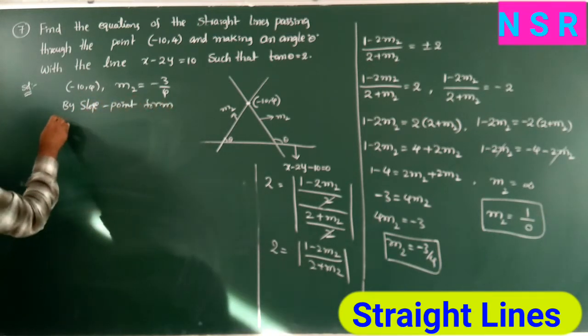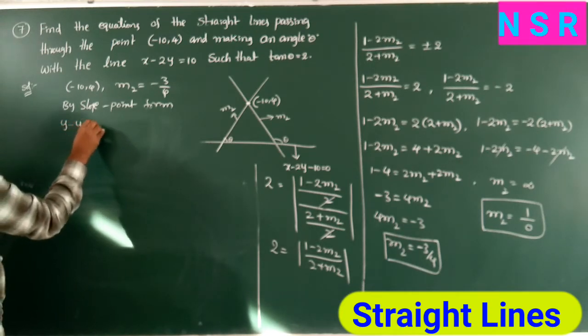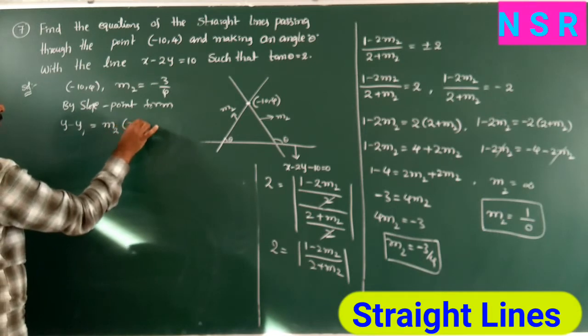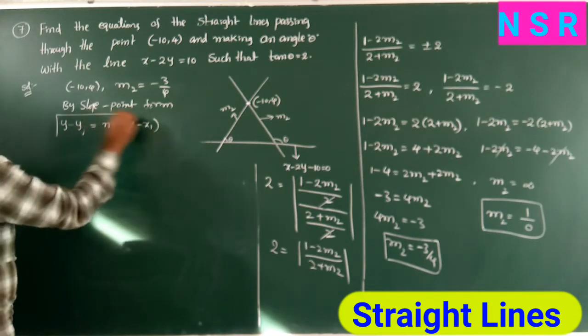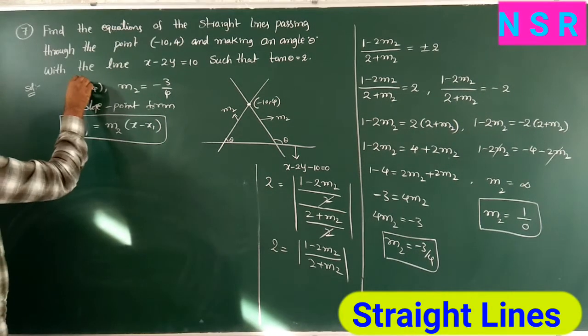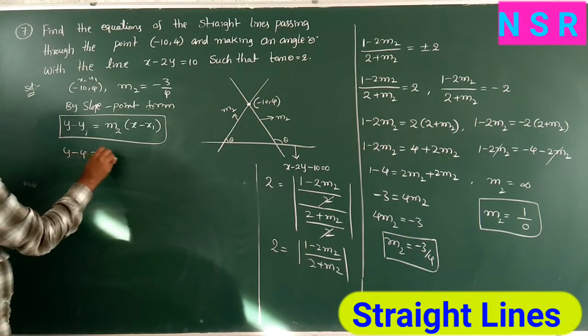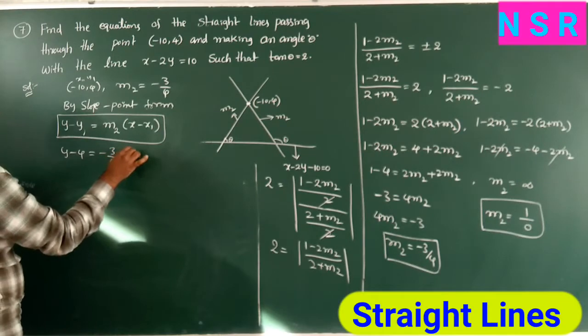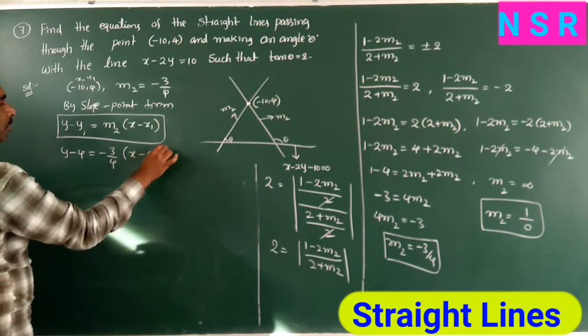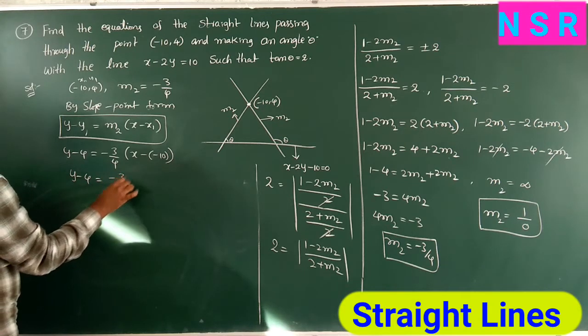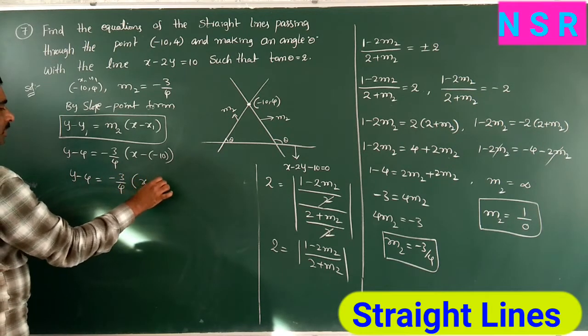What is the slope point form? y − y1 = m(x − x1), in place of m write m2. So this is x1, y1. So y − 4 = −3/4 (x − (−10)). So y − 4 = −3/4 (x + 10).